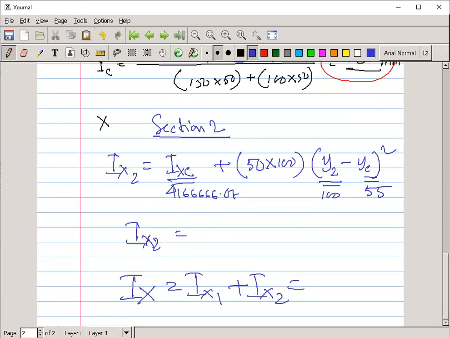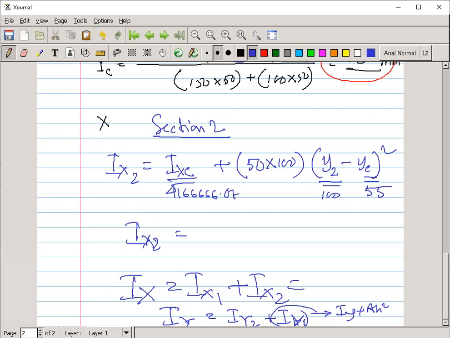Then you can find I of y, which is nothing but I of y2 plus I of y1, where I of y1 is I of y plus A h square. What I have done till now, same thing you have to repeat for the y-axis.